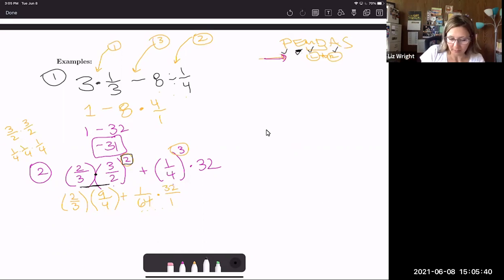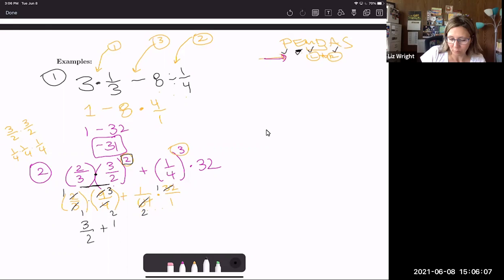I'm also going to simplify here. If you wanted to, you could also multiply across, get 18/12, and then reduce. I'm going to reduce here. So that's going to be a 1, a 3, a 1, and a 2. So then I get 3 halves. And then here, that's going to be a 1 and a 2, or it's 32 over 64, which is 1/2.